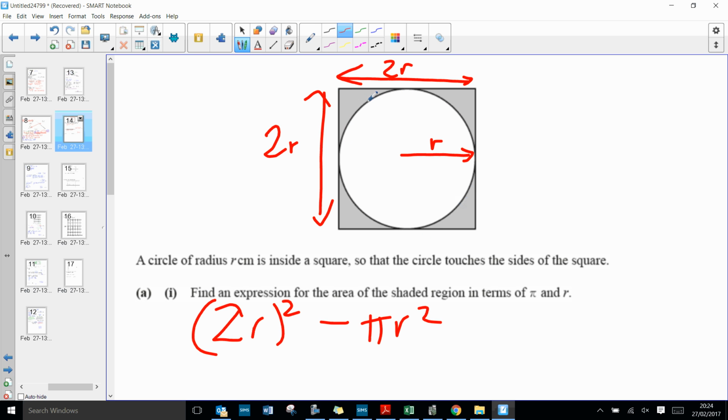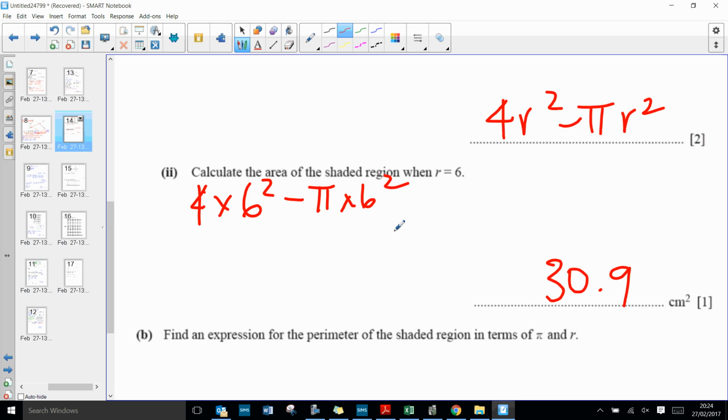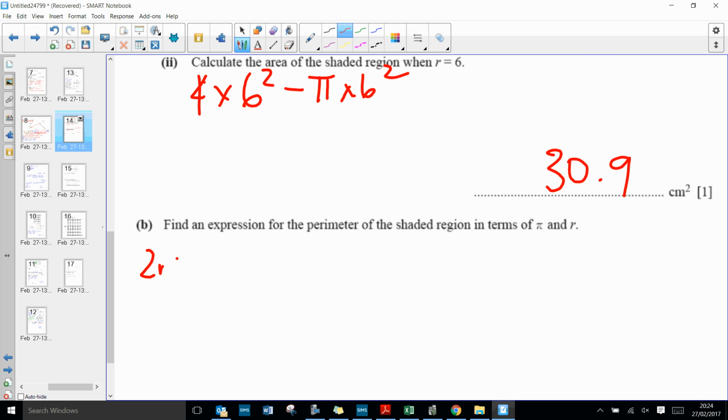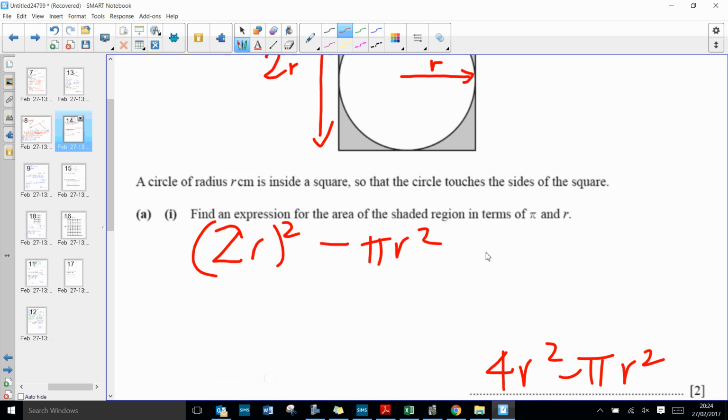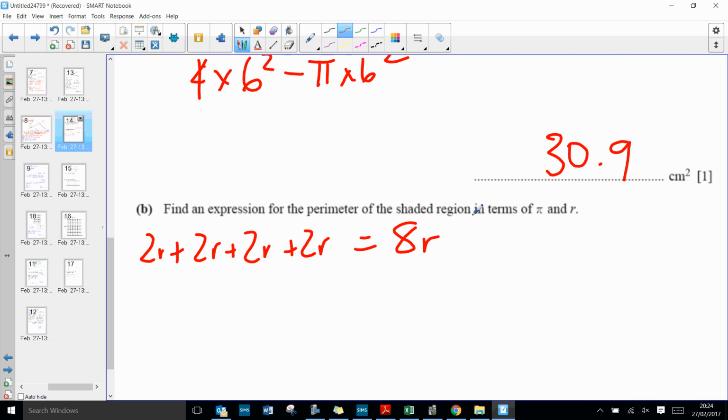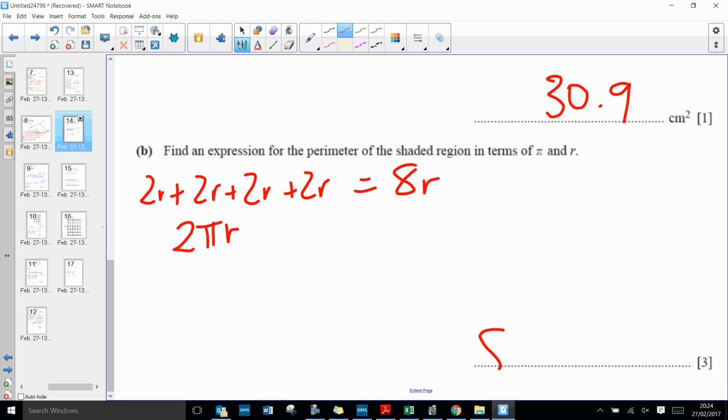These bits are the perimeter of the square, so that would be 2r plus 2r plus 2r plus 2r. That's 8r. And then the perimeter of the circle is the circumference of a circle, which is 2 pi r. So the perimeter of the shaded shape is 8r plus 2 pi r.